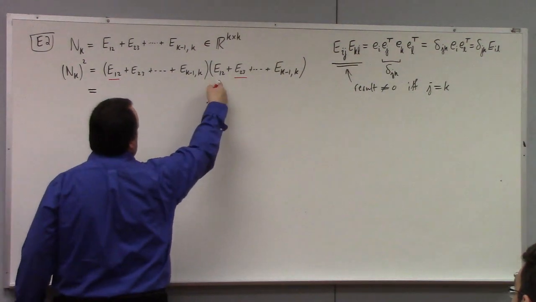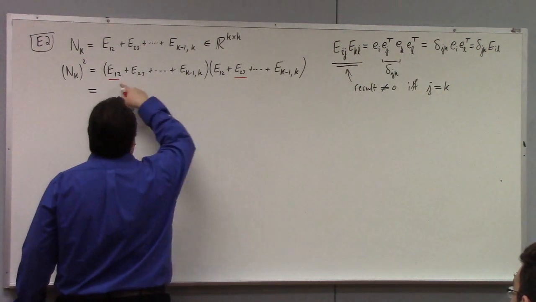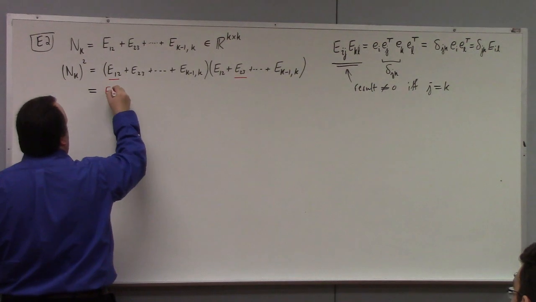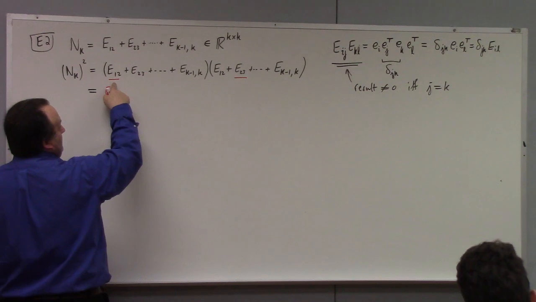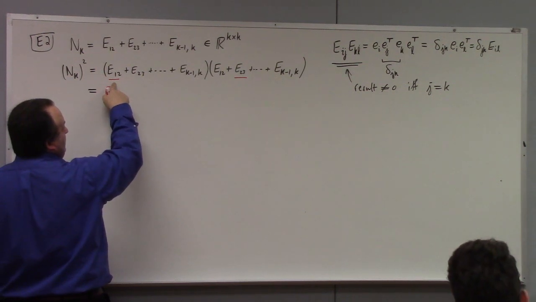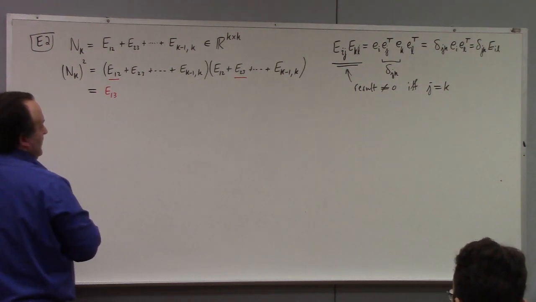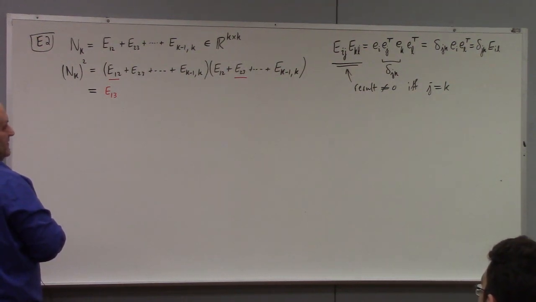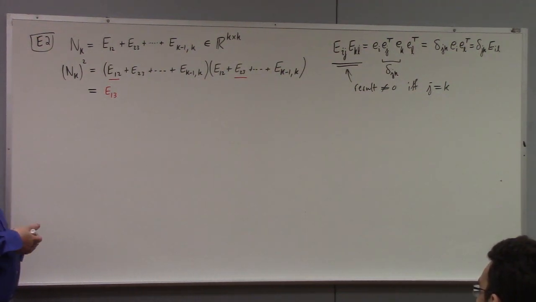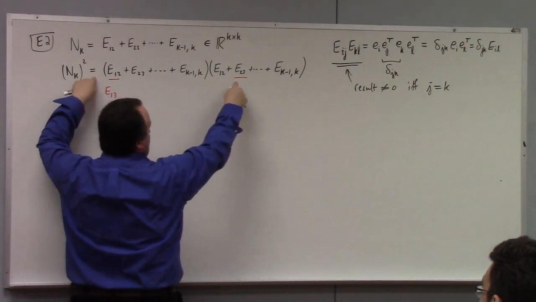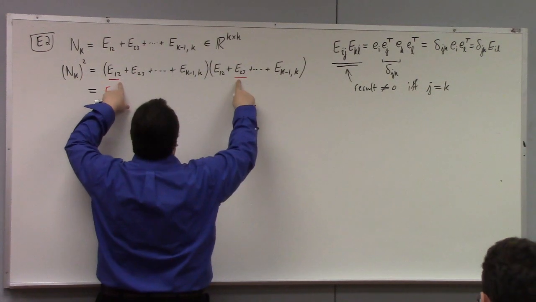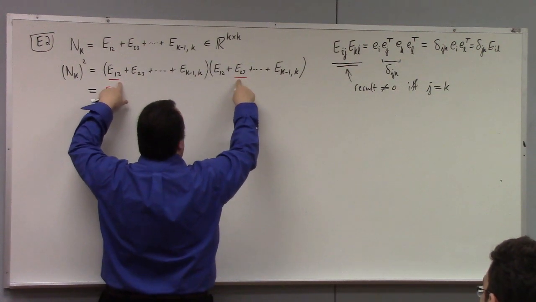Now this times the first one, 0. But this times that gives me E13, yeah? I don't think there's anything else. I think that's the only one in that whole mess that gives you a non-zero result. If you think about multiplying this, this 2 has to match that 2, right? The only time that happens is for this pairing right here. That's it.